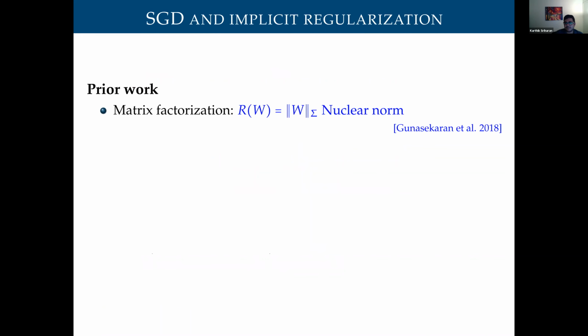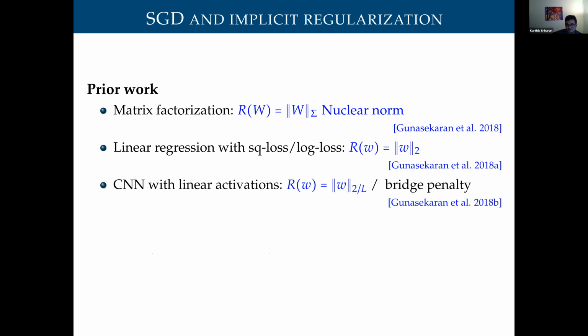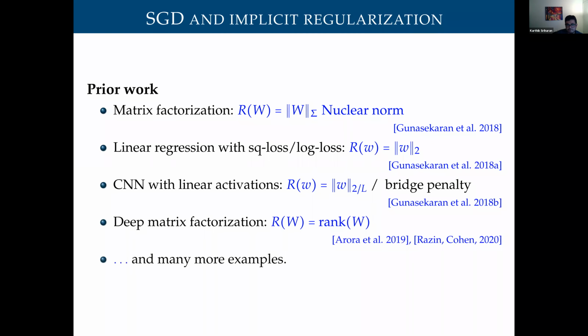Right. So in terms of prior work around regularized risk minimization, there has been a lot of work that shows that the SGD solution can be looked at as an implicit regularized solution. Here is a bunch of works.